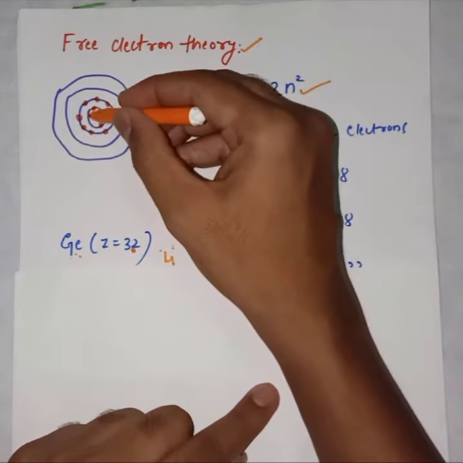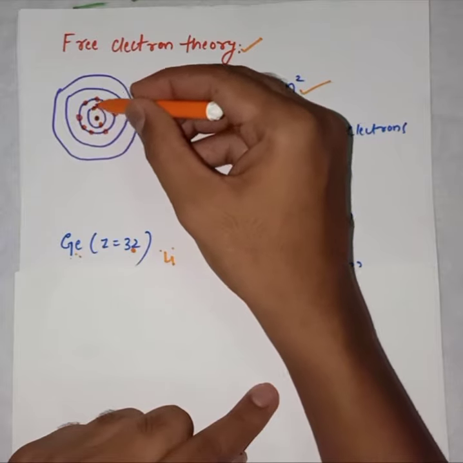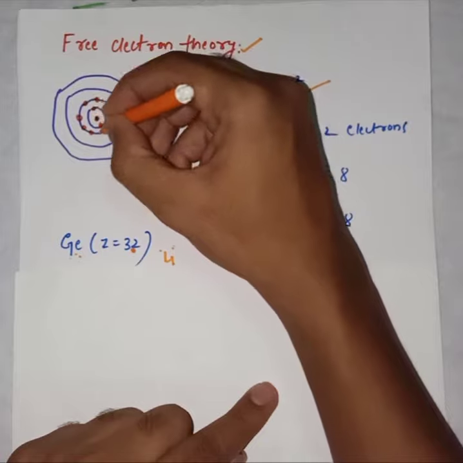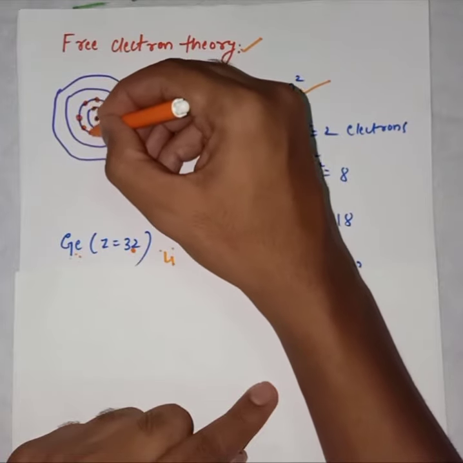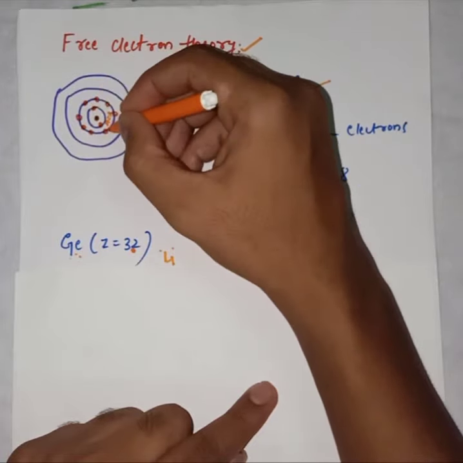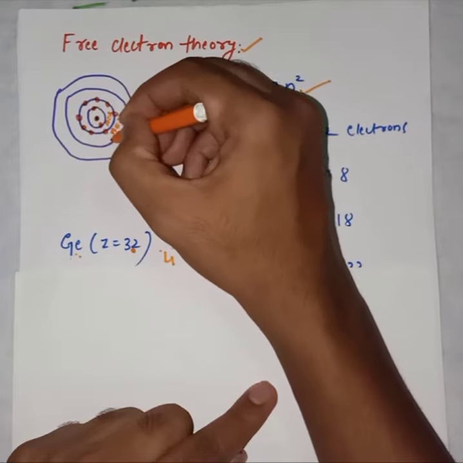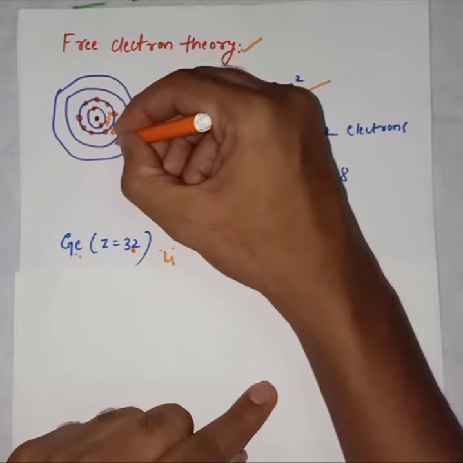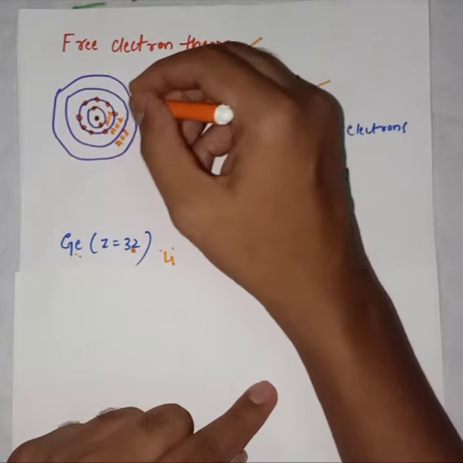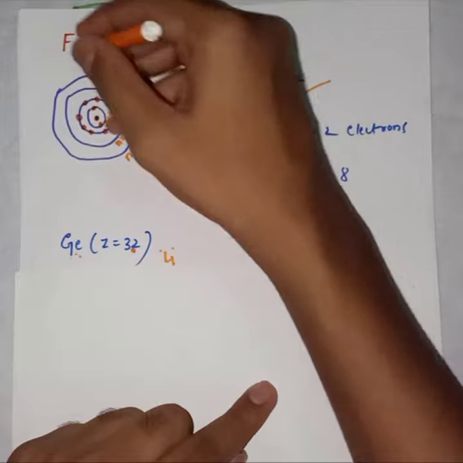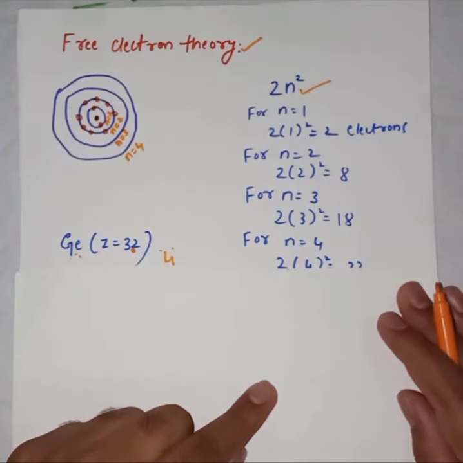Here this is the first orbit, and for this I will call n equal to 1. For the second orbit, n is equal to 2, and the third orbit is here. For this n is equal to 3, and for the fourth orbit n is equal to 4, and so on. There are many such orbits.